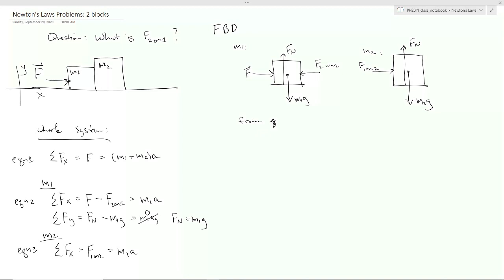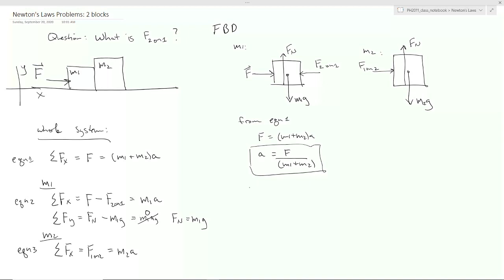From equation 1, you could solve this for the acceleration: the force over the sum of the masses. Now, we have two other expressions, equation 2 and equation 3. Equation 3 is actually pretty simple. Let's substitute our result for the acceleration from equation 1 into equation 3.